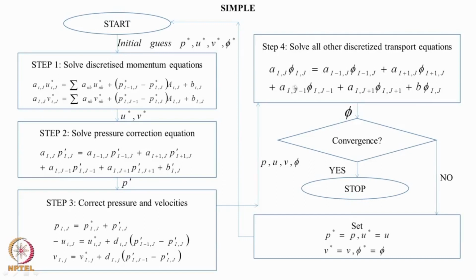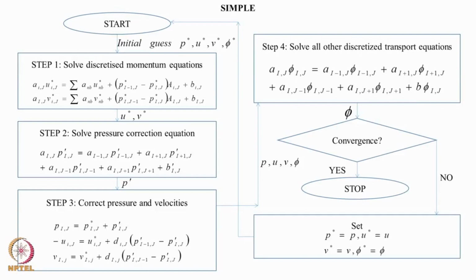So, following the finite volume procedure, you get the generic form of the discretized equation. So, you get phi, then you set up a convergence criterion, you check whether it is within the convergence limit that you have defined. If so, you can stop the SIMPLE iteration and move to the next step.